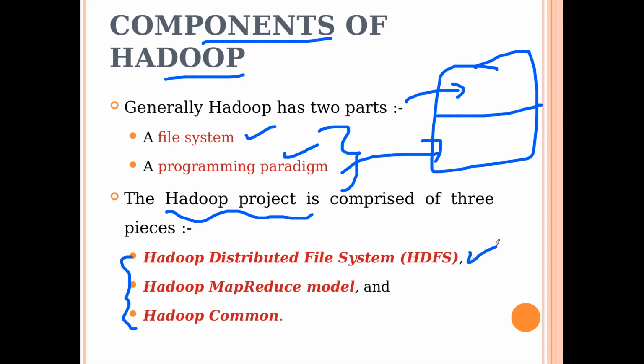One is HDFS, the Hadoop Distributed File System, which is an important portion. Second is the programming paradigm, the Hadoop MapReduce model. And third is Hadoop Common, which is used for some common operations. So there will be a distributed file system, a programming paradigm called MapReduce, and an area where we can have some common operations possible with Hadoop.